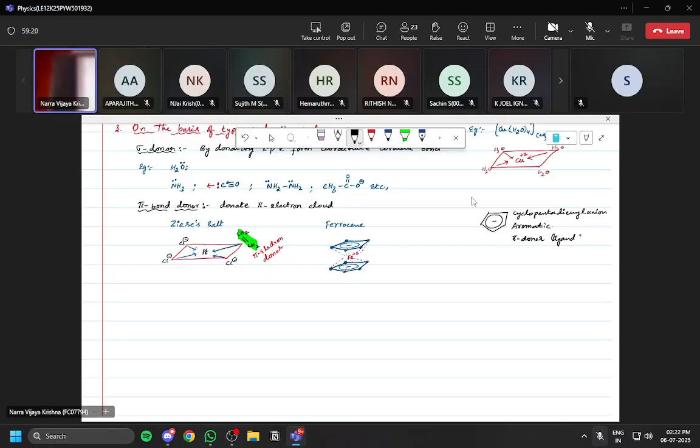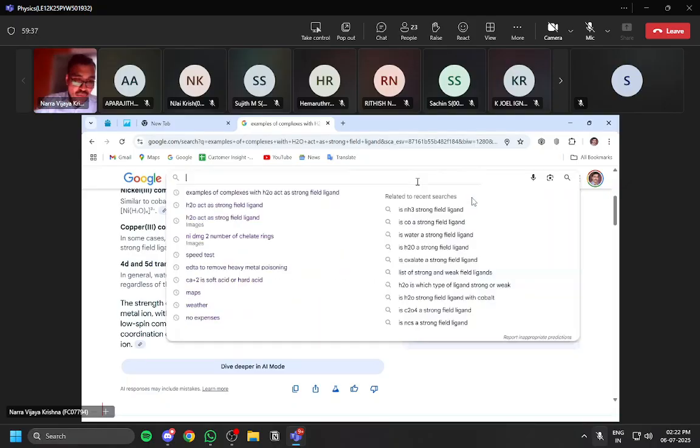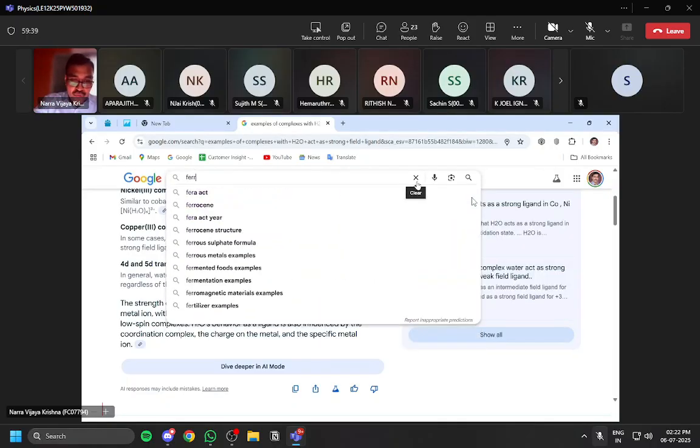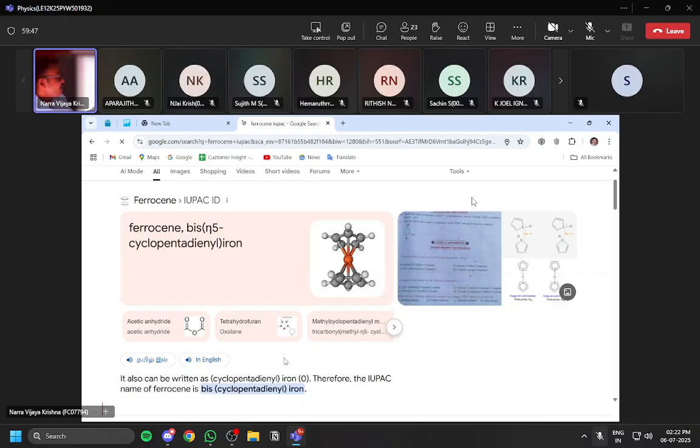It is also written as eta 5 cyclopentadienyl.